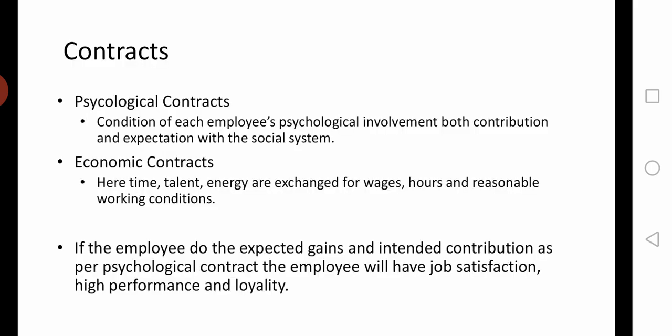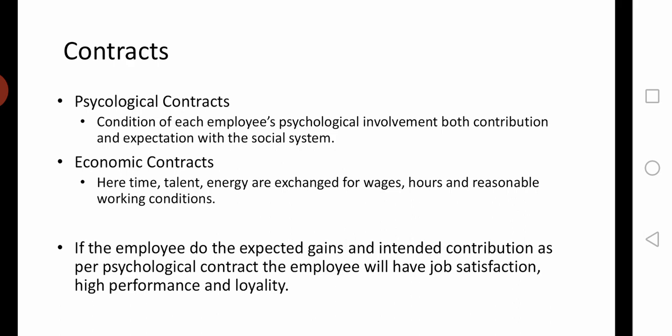Now some contracts. I'm discussing two contracts over here. The first one is the psychological contract and the second one is the economic contract. The psychological contract depends upon each employee of the organization. The condition of each employee's psychological involvement, both contribution and expectation with the social system, is the psychological contract.